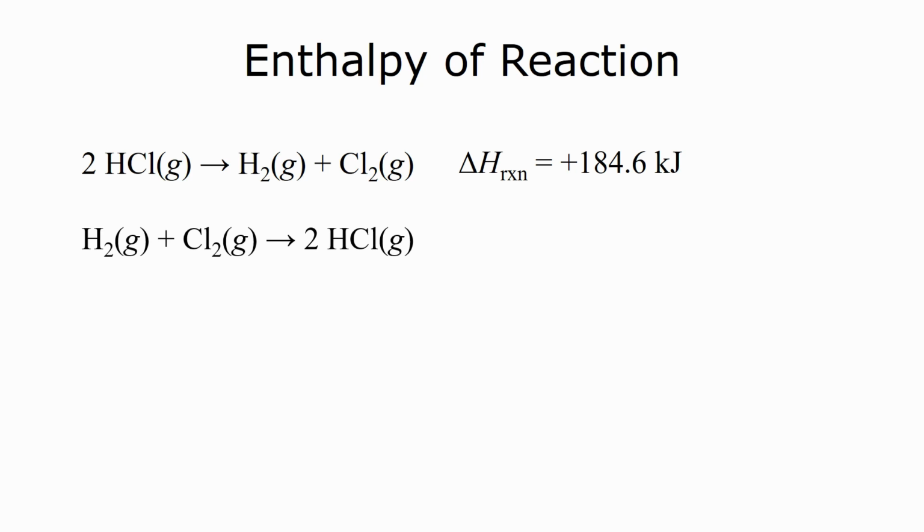What if we wanted to create hydrogen chloride from hydrogen and chlorine gas? It turns out the amount of energy involved is the same, except the sign is the opposite. So instead of absorbing 184.6 kilojoules, we are actually releasing 184.6 kilojoules of energy upon the reverse reaction.